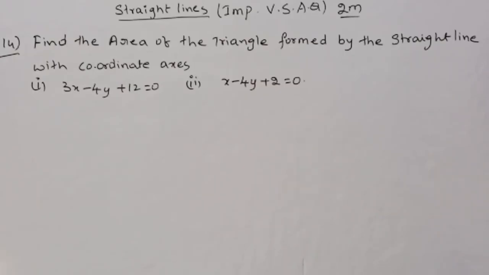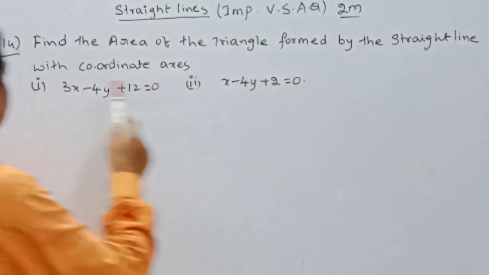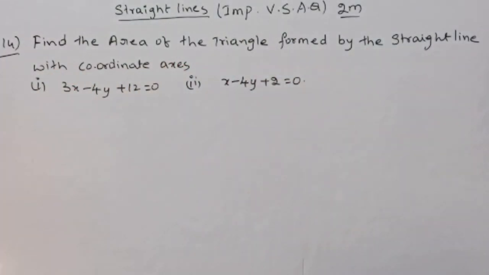We have one more problem from straight lines, an important very short answer question. Find the area of the triangle formed by the straight line with the coordinate axes.